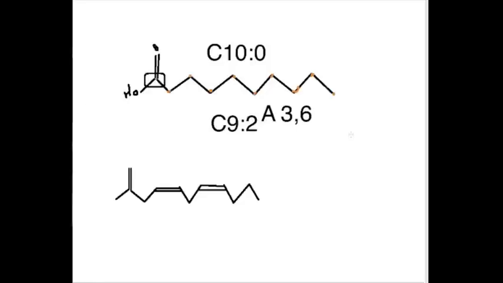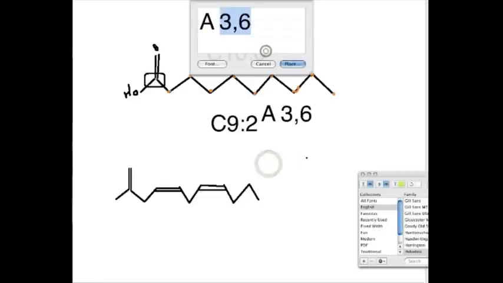The last nomenclature system that is really used is the omega system. You've always heard of omega-6s and omega-3s, and fish oil is good for you, and don't eat so much red meat and all that. So it's based on the omega system for naming the fatty acids.